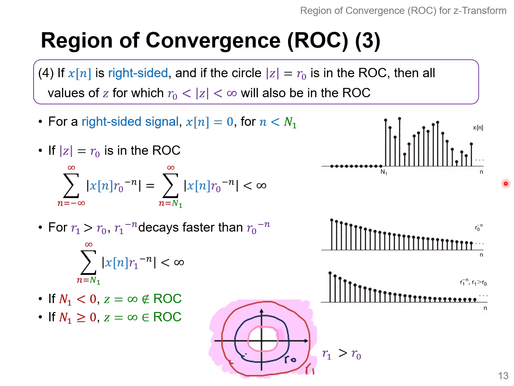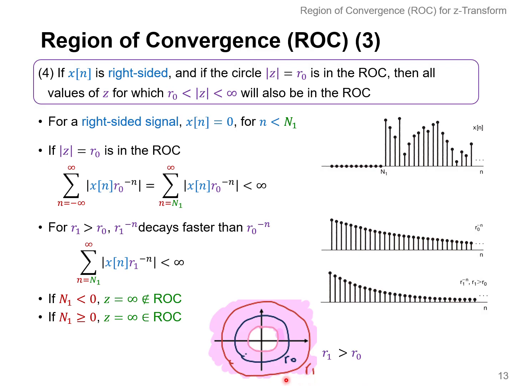The ROC rule says if a circle with radius r0 is inside the ROC, then every value of z with a radius larger than r0 is also inside the ROC. This means the ROC extends outward from that circle.